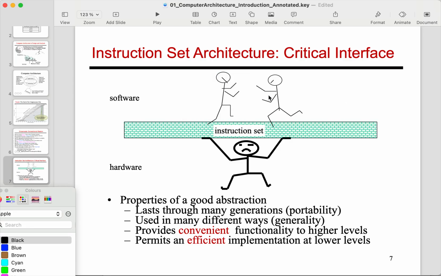So they can be created now or changed later. And that's why they're called software, because they can be changed at our choosing, at the discretion of the programmer.